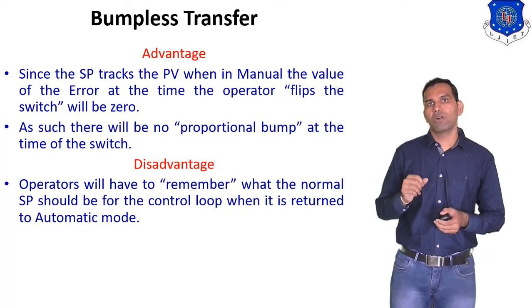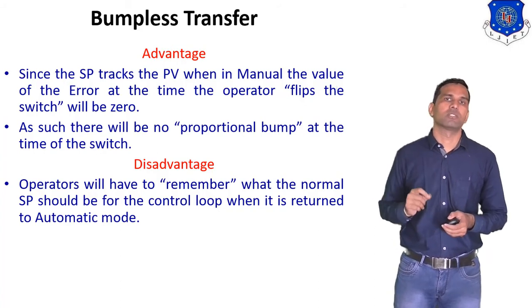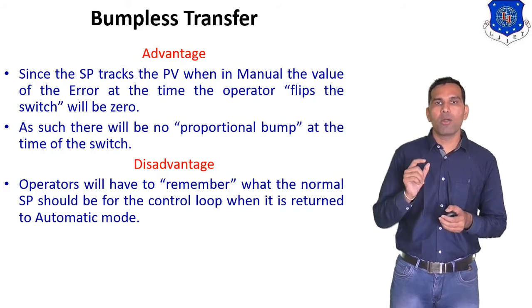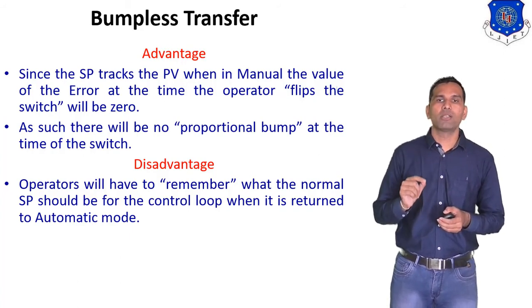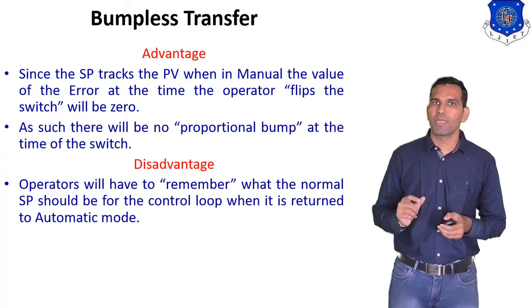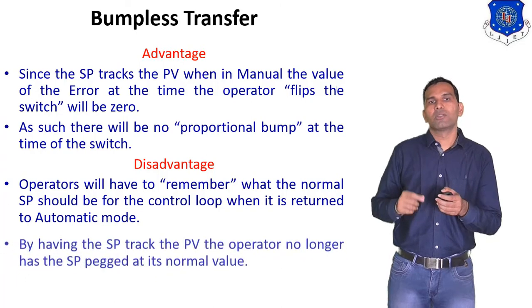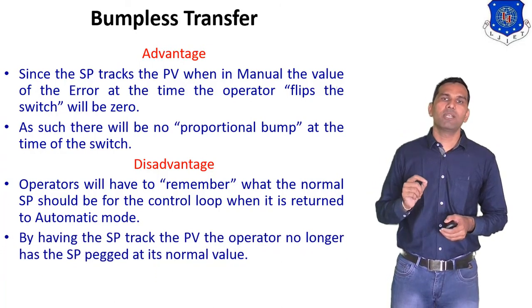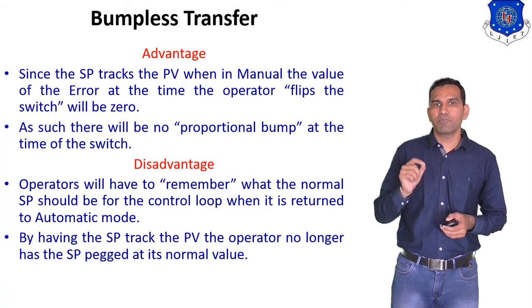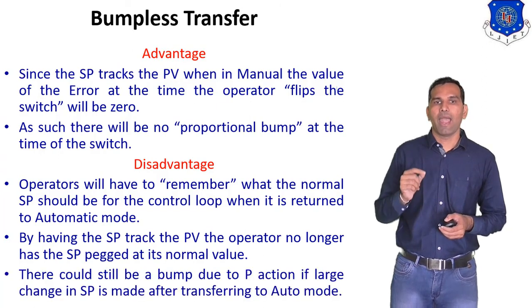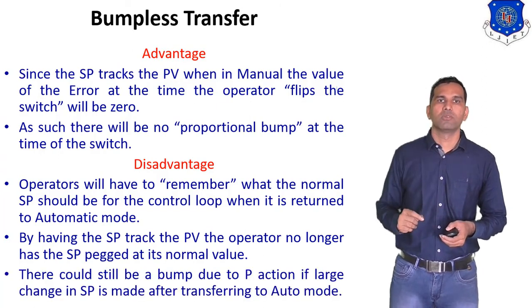Now there are also some limitations of this control system. First, the operator will have to remember what the normal SP should be for the control loop when it returns to automatic mode. Second, by having the SP track the PV, the operator no longer has the SP at its normal value.